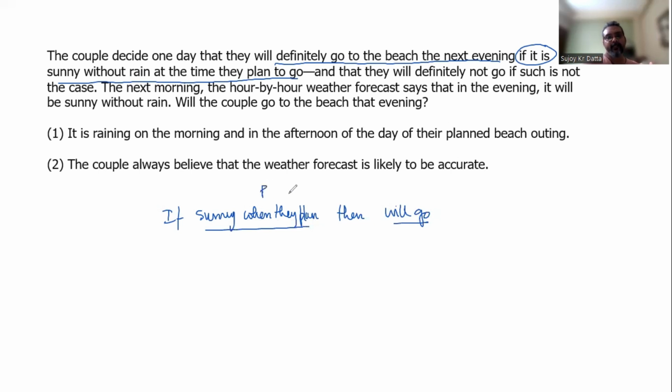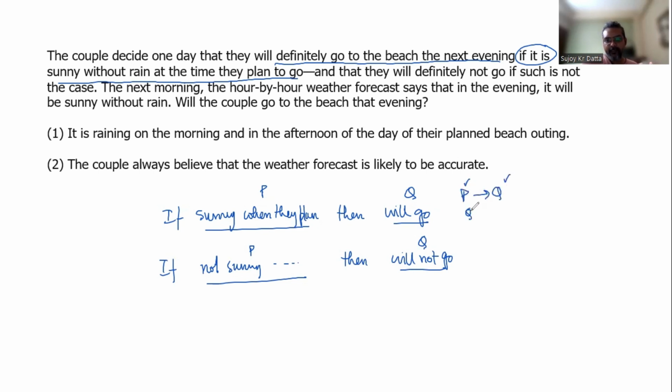Okay, if P, then Q. They will definitely not go if such is not the case. Means if not sunny when they plan, then will not go is also given. So we have learned that in P then Q, P implies Q, P true means Q true, and Q false means P false. That's what we know.